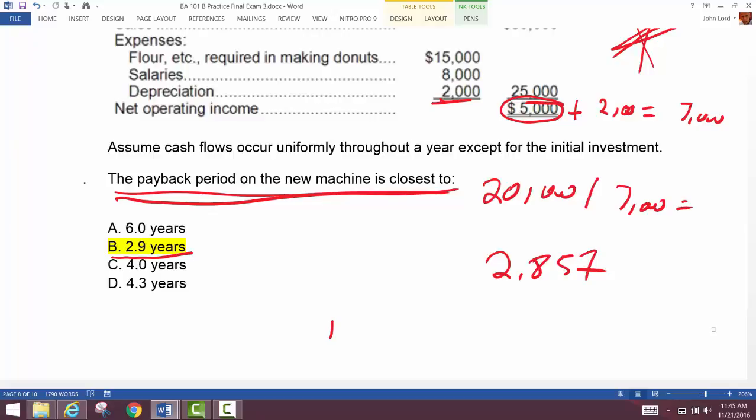Okay, so let me make sure I've got this straight. Wednesday, no class, right? Okay, Wednesday we will not meet. A little bit of a holiday bonus for you for working so hard and getting us really ahead of the curve here.